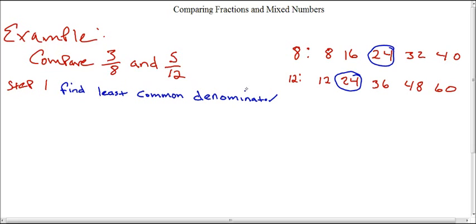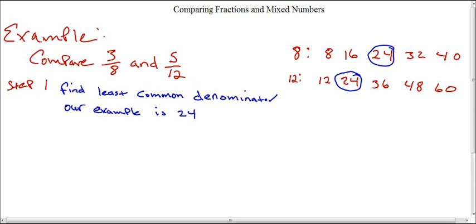Okay, so we found our least common denominator, which is 24. Well, how do we work from there?